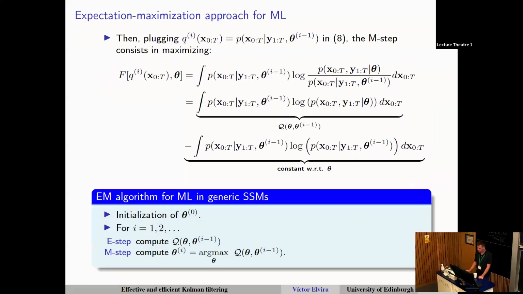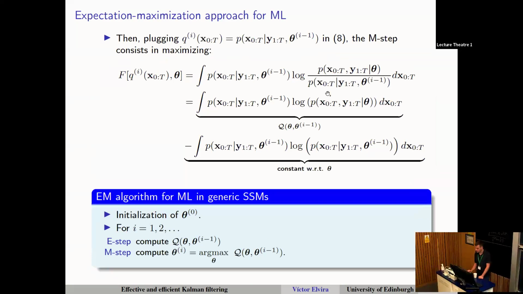Why? Because now our function F here, if we plug in as Q, remember that this was Q appearing here. What we are doing here is plugging in the Q at iteration I, we will plug in the smoothing distribution. I will plug it here, I will plug it here.